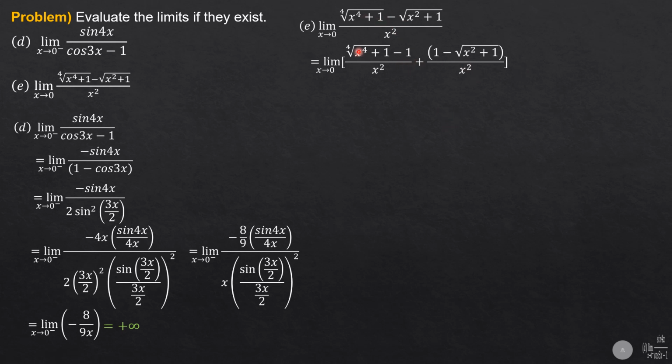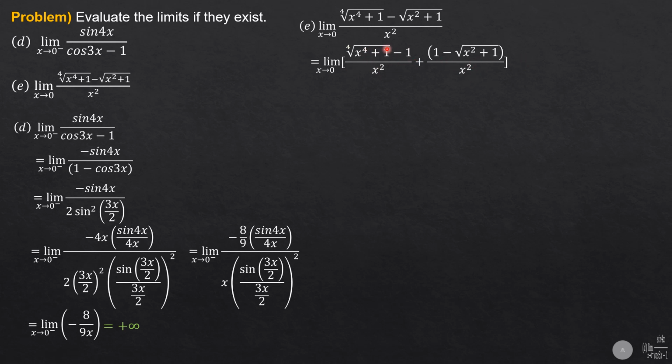Then after that, let's rationalize the numerator here. This is the fourth root of the quantity x to the fourth plus 1, minus 1. So we multiply and divide by the fourth root of the quantity x to the fourth plus 1, then plus 1, and divide by the same thing. Then likewise, for the other part, let's just leave it as is first, although we can do it at the same time by multiplying by the conjugate of the numerator, which is 1 plus the square root of x squared plus 1, then divide by the same thing, 1 plus the square root of x squared plus 1.